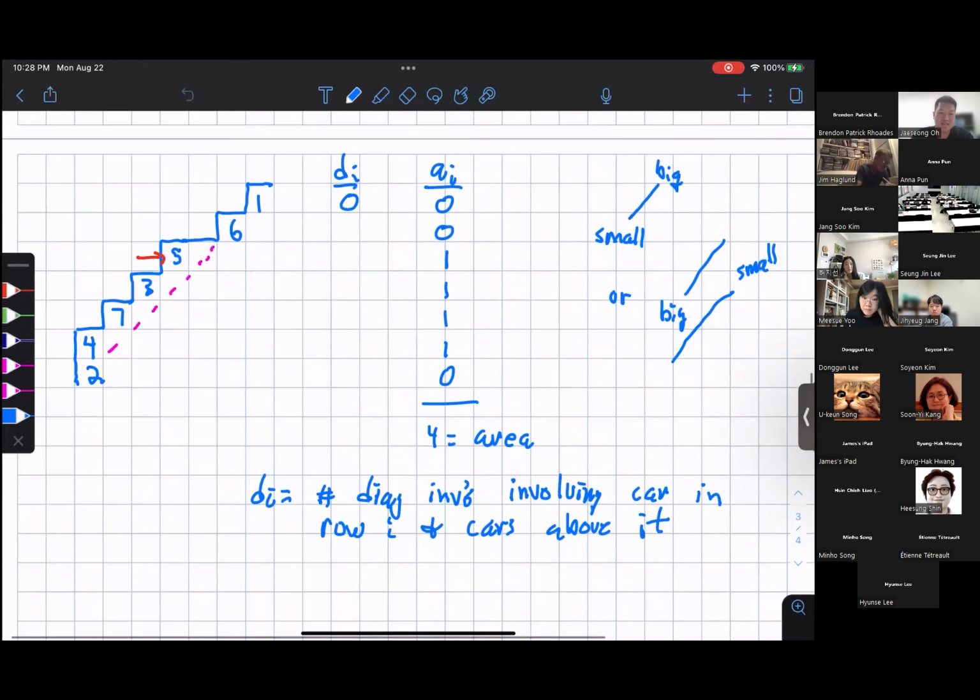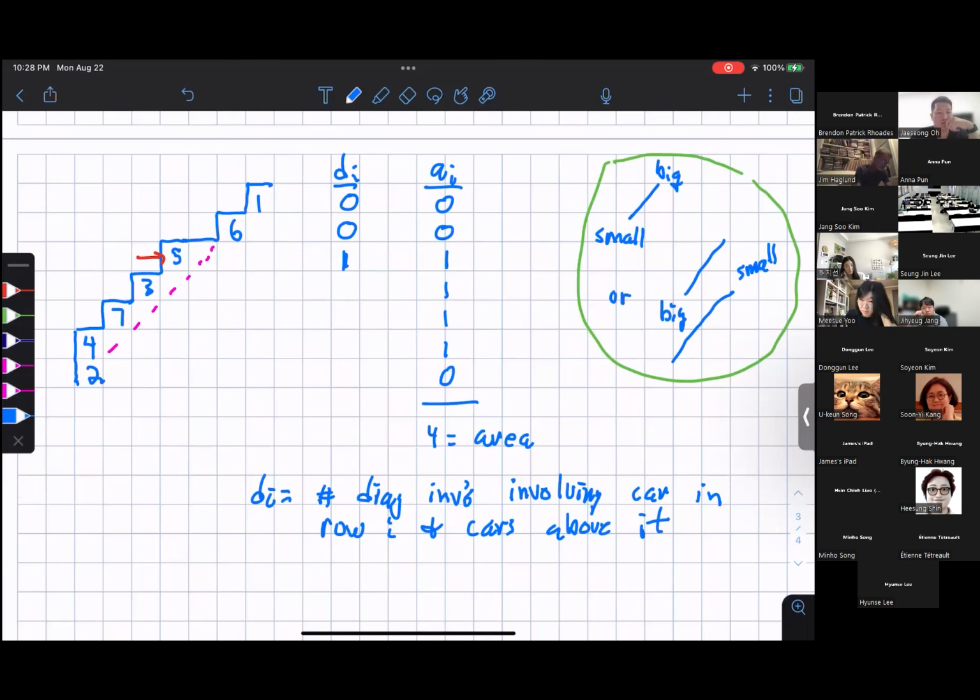So what is the DI here? The 6 and 1 do not form an inversion of either type here, so that also has a DI 0. But the 5 is an inversion with the 1. And the 1 is in a row above it, is not an inversion with the 6.